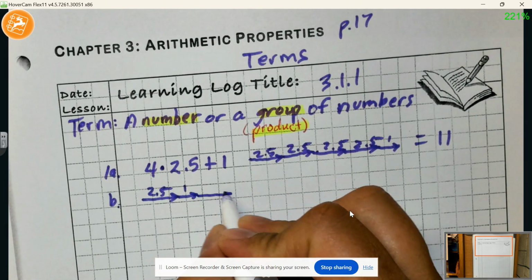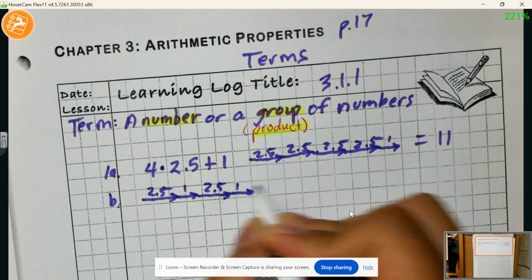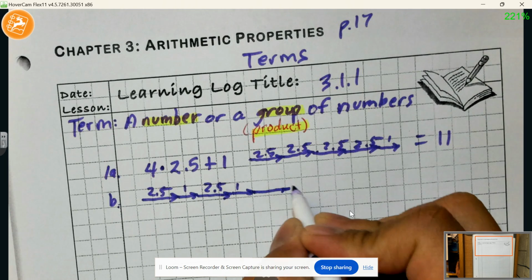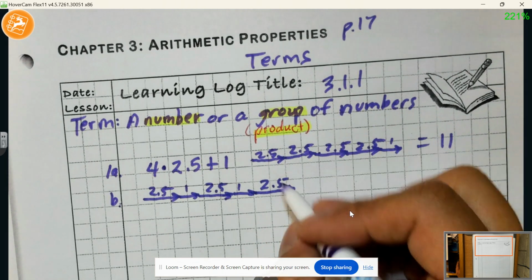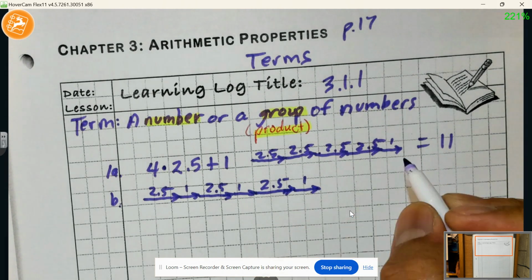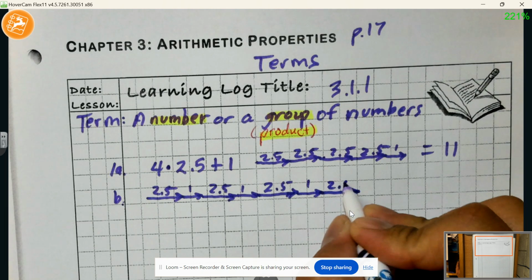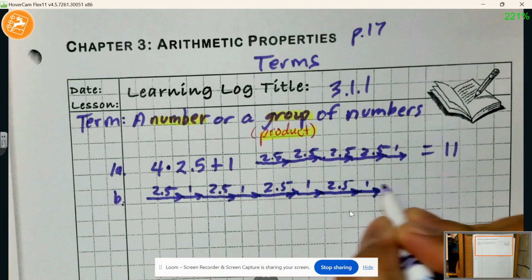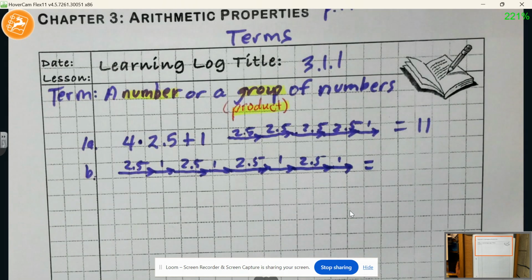Then our next step is 2.5. And then our next step is 1. Next step is 2.5. And our next step is 1. Next step is 2.5. And next step is 1. So what would that be as a numerical expression?